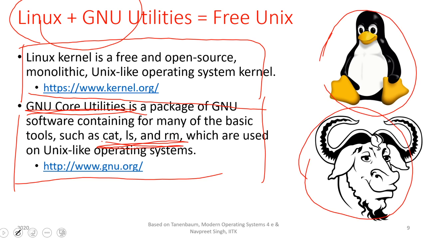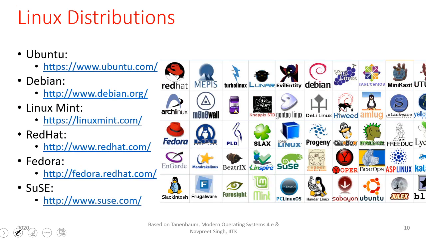Combining the two gives us GNU Linux operating systems. There are a number of distributions, like Ubuntu, which is pretty famous, Debian, Linux Mint, Red Hat, and so on. There are hundreds of variations of Linux distributions, and that is possible because of the open source nature of this.